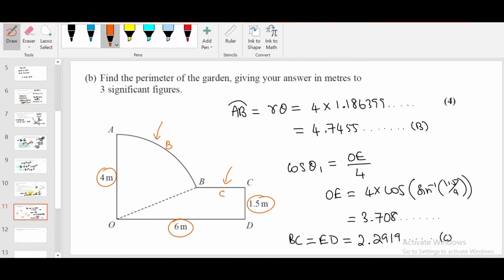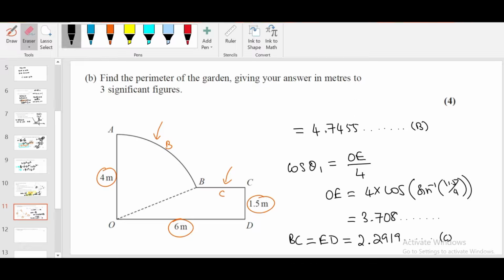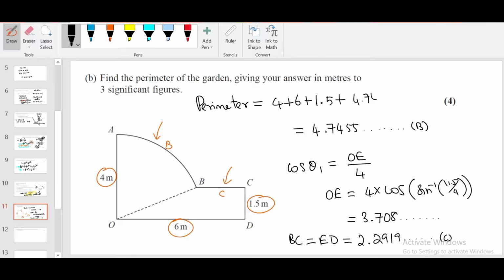So I'm going to add everything to find the perimeter now. So the perimeter is equal to 4 plus 6 plus 1.5 plus the arc length 4.74555, etc., plus BC 2.2919, etc. And the final answer, whatever you are getting, round it to 3 significant figures.